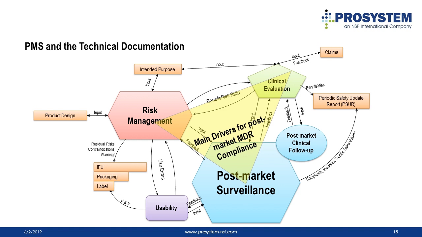In addition, based on PMCF, your clinical evaluation will be updated. The benefit risk determination will be reassessed and further potential medical alternatives could be identified. Furthermore, based on appropriate PMS activities such as surveys, you may be able to identify unknown use errors, which are important input to your usability engineering.